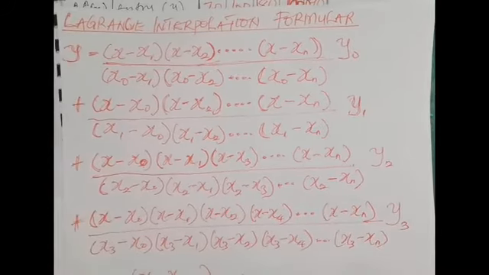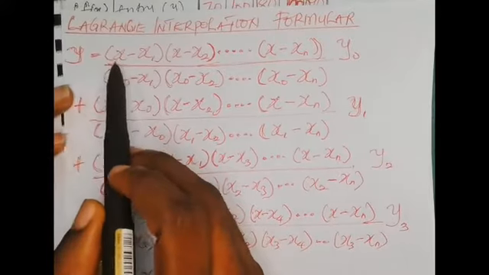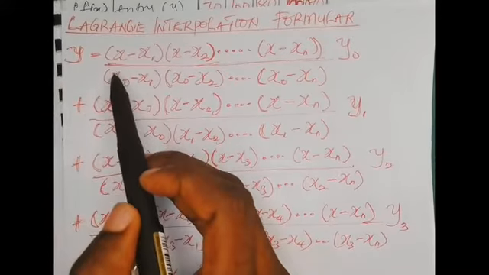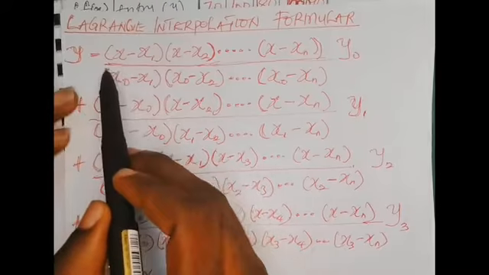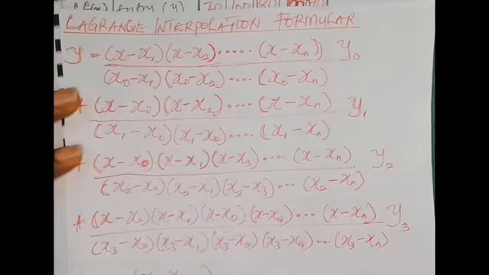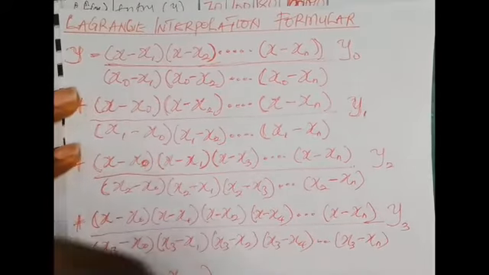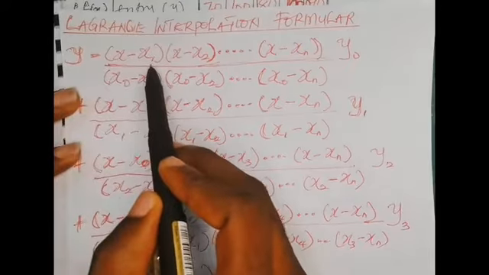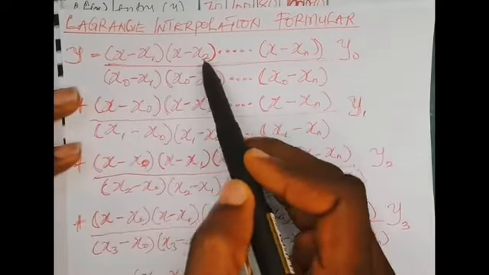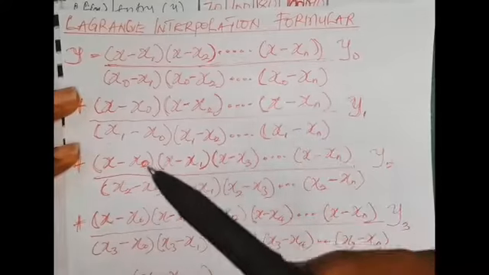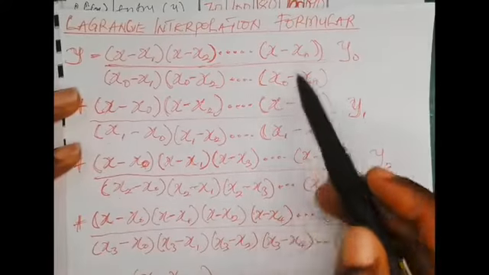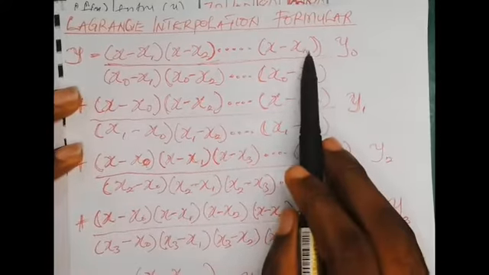So let's explain this formula. Now we are at column x0. It becomes x, remember, the value which we are interpolating, so we have x minus x1. We have skipped x0 because we are at column x0. It becomes x minus x1 times x minus x2 times x minus x3, and it continues like that up to x minus xn, the total number of x we have on the table.